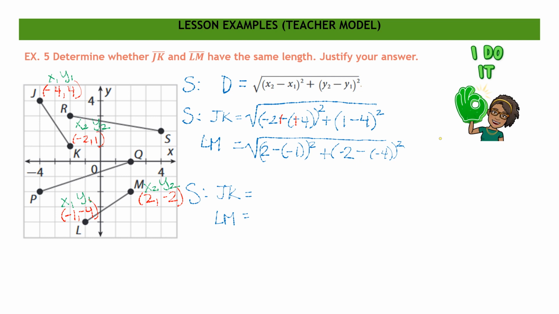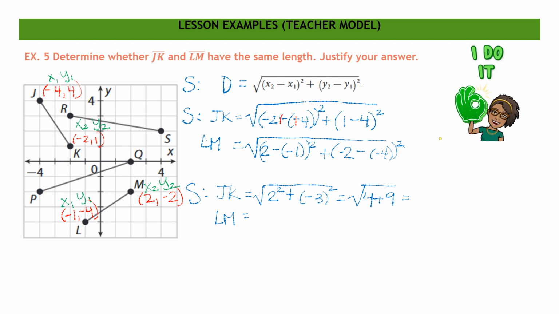So we can do that together. -2 plus 4 gives me a positive 2, so that's going to give me 2 squared plus 1 minus 4, which gives me a negative 3, and a negative 3 squared. 2 squared gives me 4, and negative 3 squared, which is negative 3 times negative 3, gives me a positive 9.